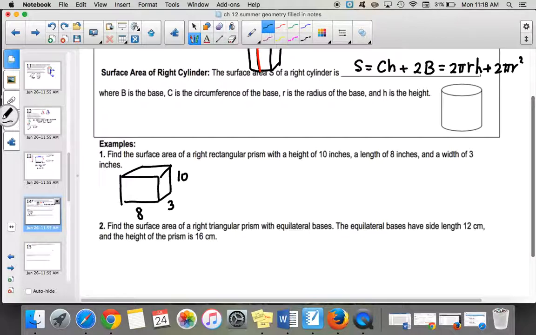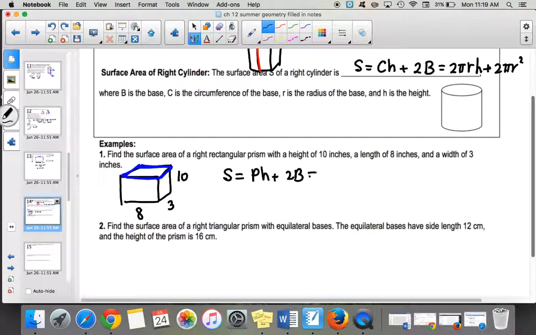We'll see. All right, so you could go through this whole thing and you could say front, back, right, left, top, bottom like we did before. But let's try the formula. Let's see if we get the same. So we said our formula was our perimeter times our height added to 2 of the area of the bases. So our perimeter of the base, as we go around, we have 8 plus 3 plus 8 plus 3.